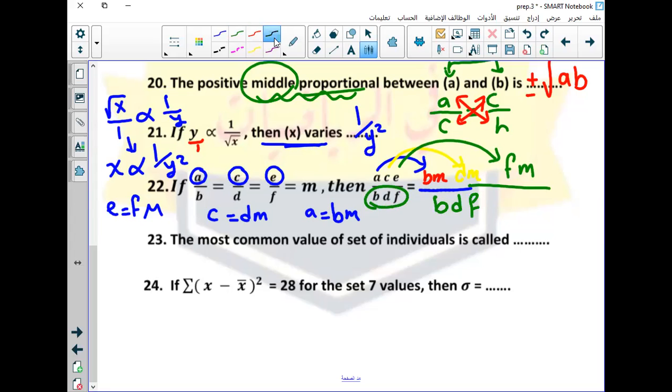By cancelling B with B, D with D, and F with F, the remaining are M and M and M. So M times M times M equals M power 3.